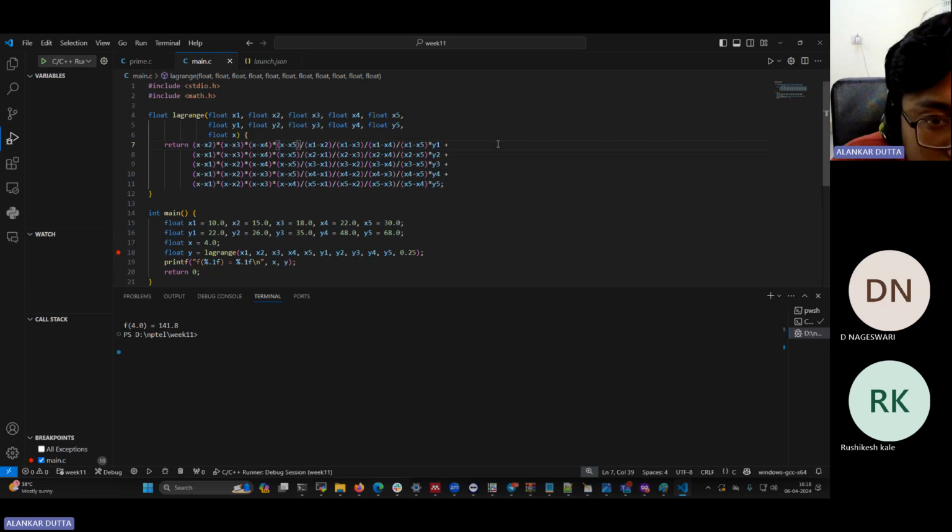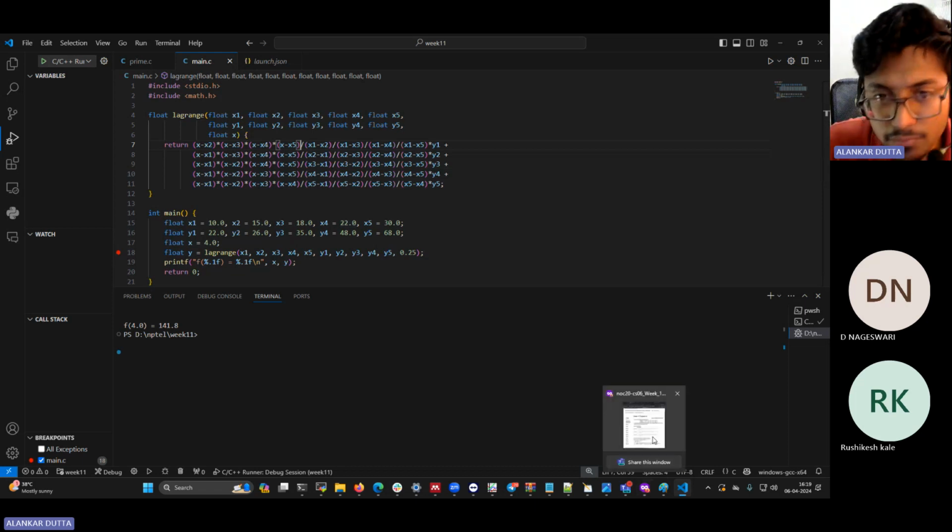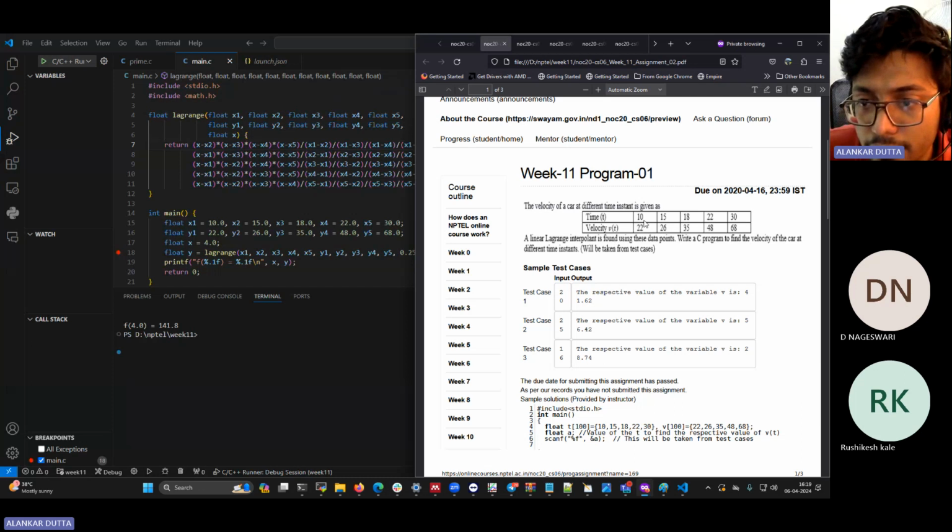So I'm just trying to figure out what is it that we are doing wrong in here, so that we can debug the code. So let's first verify that we have put in the correct numbers. So we have 10, 15, 18, 20, 30, as you can see here, and then we have 20, 26, 35, 48, and 68.